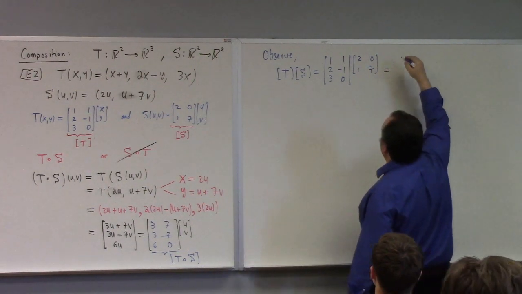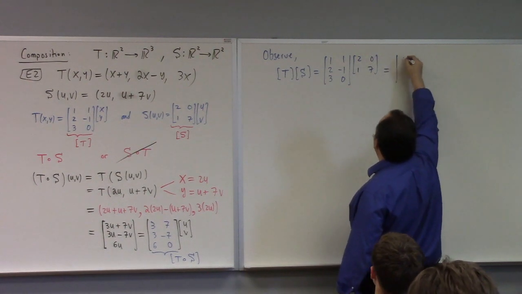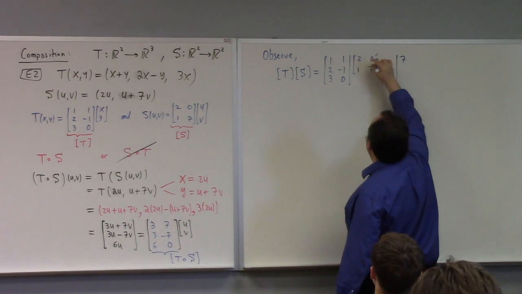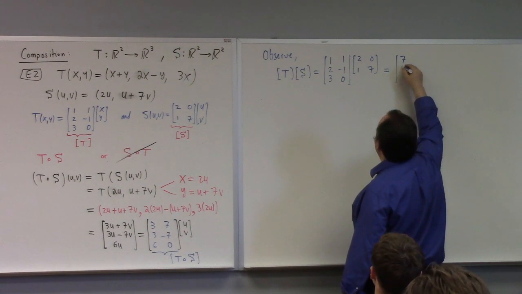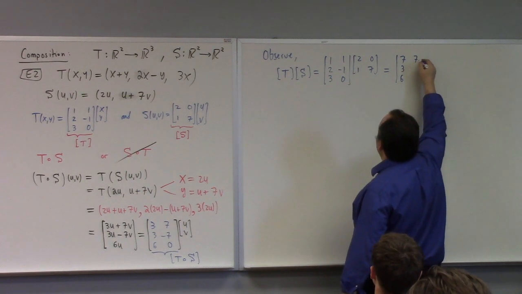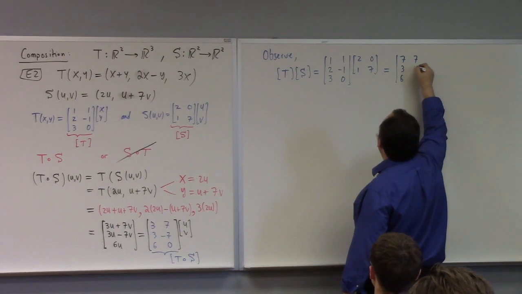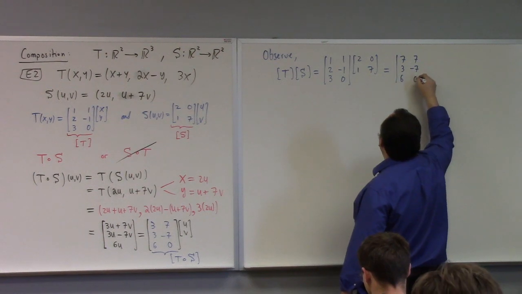And if I calculate this matrix product, what do I get? I get 3, 7, 3, minus 7, 6, and 0.